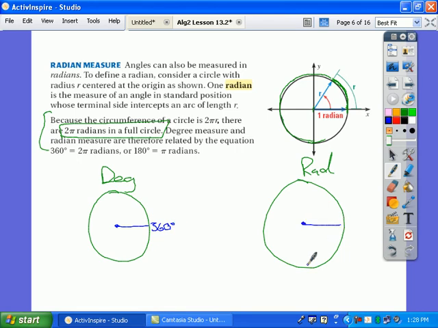So let's talk about half a circle. Over here, how many degrees is that? Half of a circle should be 180 degrees. And half of 2 pi, if I want to go half of the circle, will be pi radians. 1 pi, but we don't put the 1. But this is 1 pi radians.